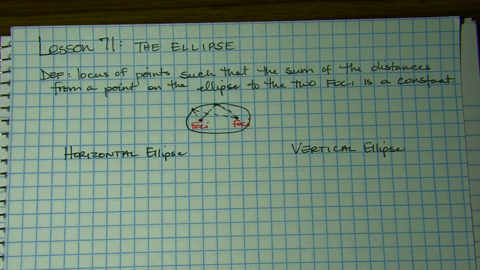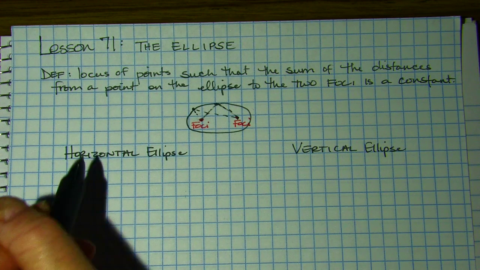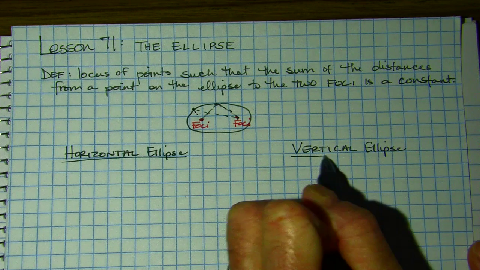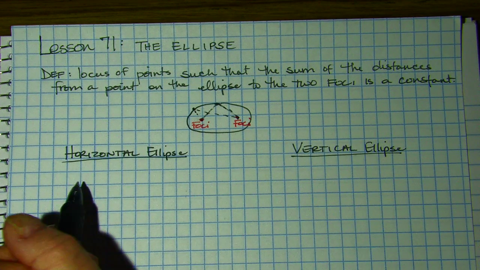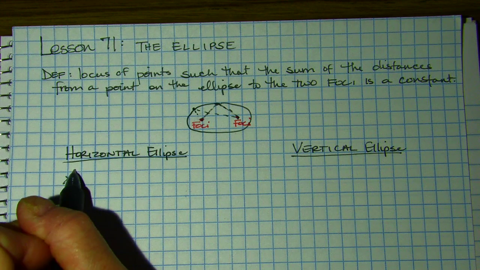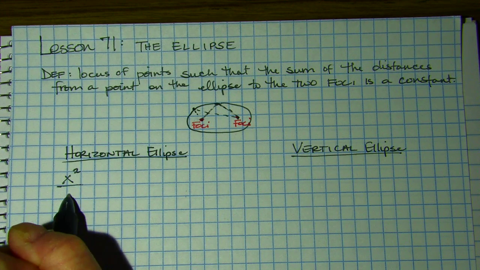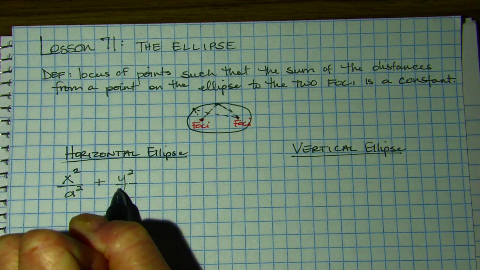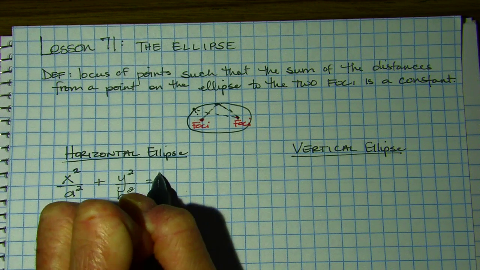So there are two kinds, a horizontal ellipse or a vertical ellipse. So a horizontal ellipse will be, in standard form, should look like the following. X squared over a squared plus y squared over b squared equals 1.